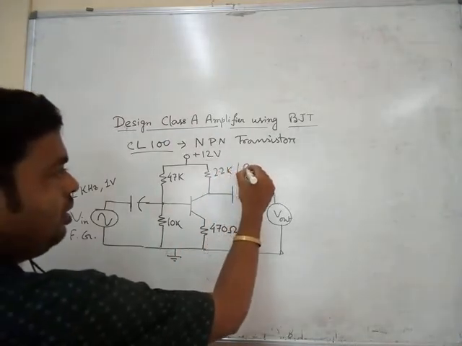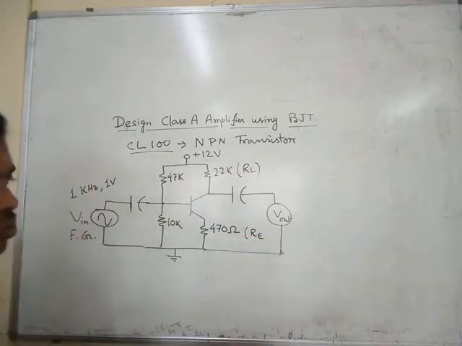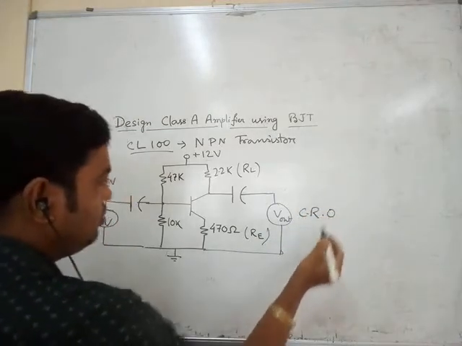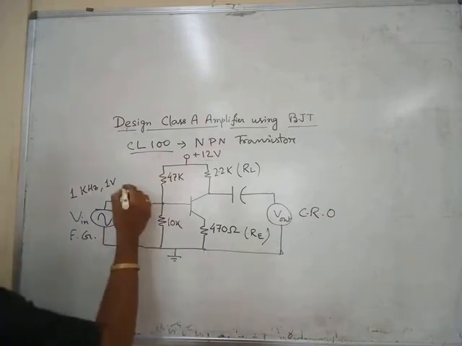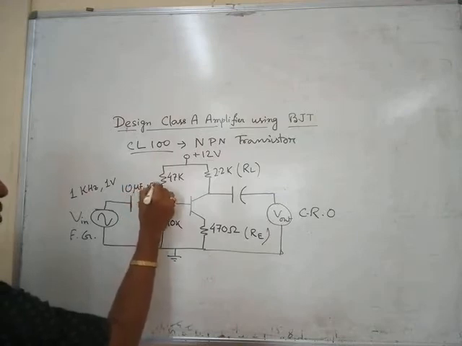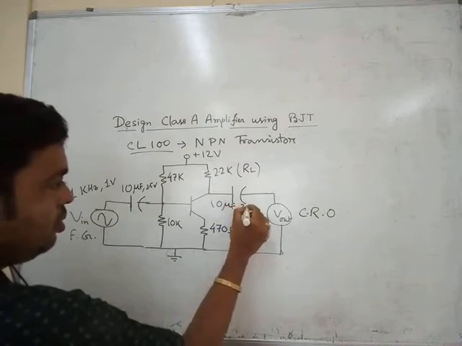This is RL, this is RE, and we get the output from the capacitor. These two capacitors will be the same value. We take 10 microfarad, 25 volt. It's the same value, 10 microfarad, 25 volt.